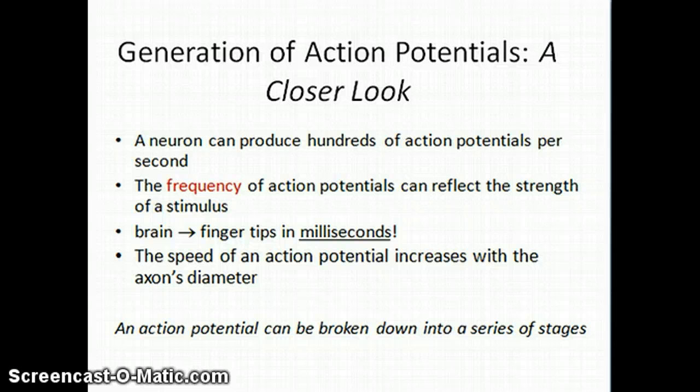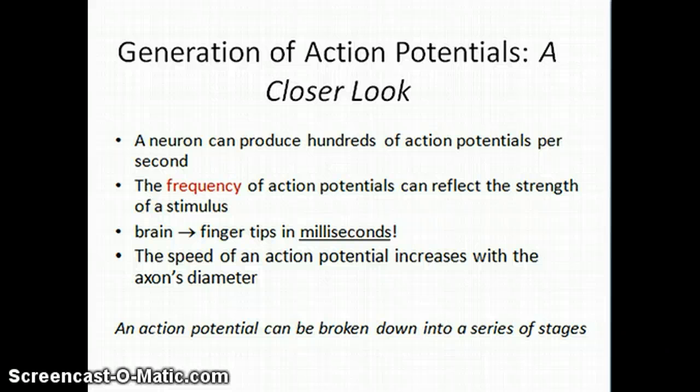So a neuron can actually produce hundreds of these action potentials in just a single second. It seems like this would be a very slow process, but in reality it is extremely fast. The frequency of an action potential is the reflection of how strong the stimulus is. So when we have a strong nerve impulse, it's not that we have more sodium rushing in or more potassium rushing out.